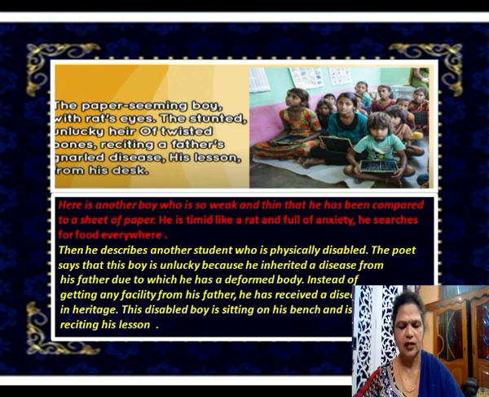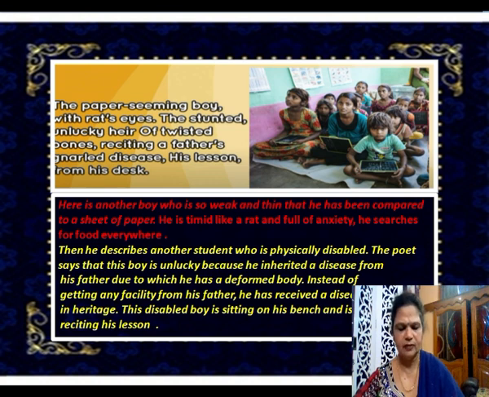The poet says that this boy is unlucky because he has inherited a disease from his father, due to which he has a deformed body. Instead of getting any facility from his father, he has received a disease in heritage. This disabled boy is sitting on his back bench and is reciting his lesson.